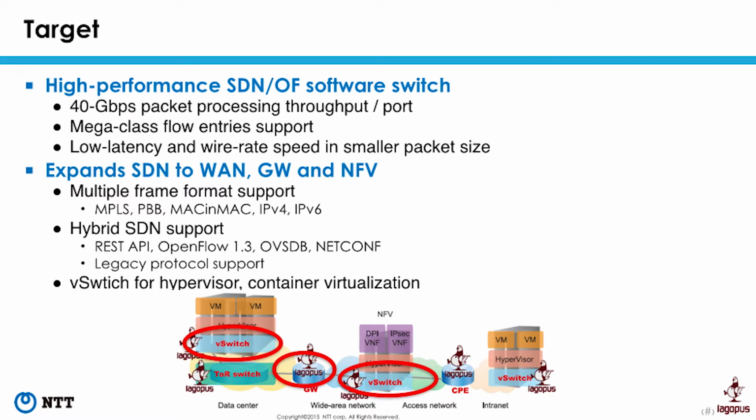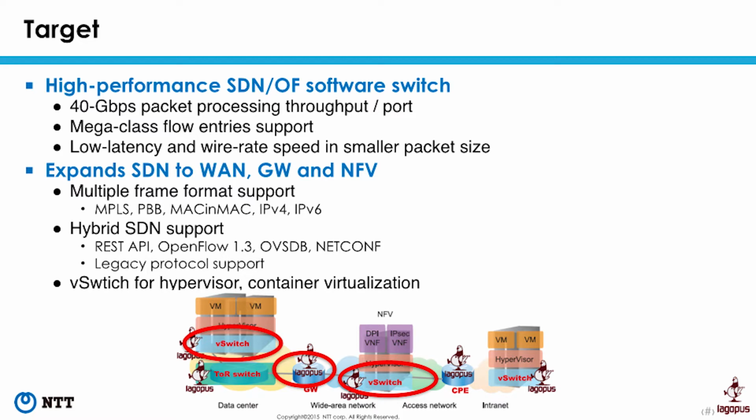also supports large capacity. For example, in our use cases of a carrier system, sometimes we need 1 megaflow capability, because we have to manage many routes, policies, ACLs, and so on. Another point is high performance in the case of short packets.